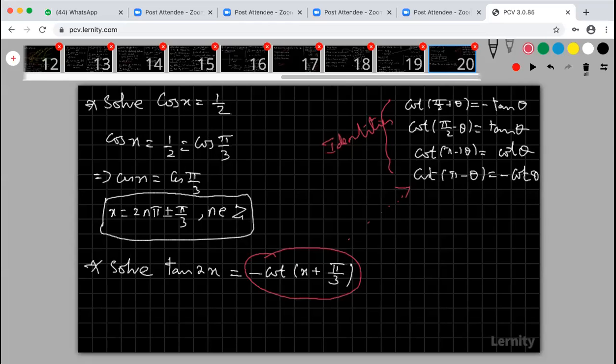Okay, so I'm going to take it as my minus cot of x plus pi by 3 can be written as... look at that. What is tan of 90 minus theta?